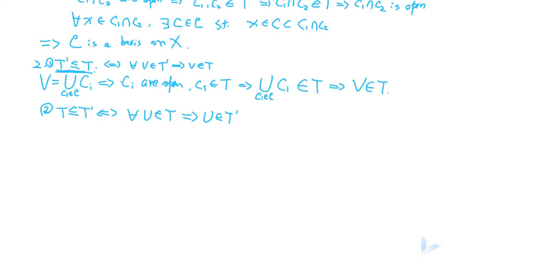So we use C to check U, and the way we check whether the subset U is open is that for every x in U, we need to find C from the collection C such that x is inside this C and this C is inside the subset U. Then, if this is true, we can prove U is inside T prime.